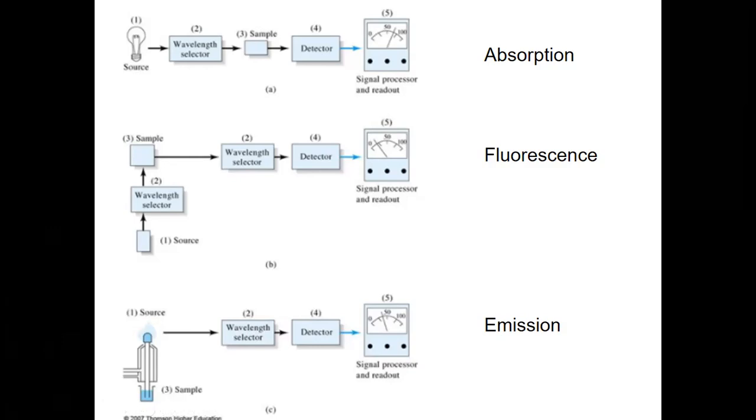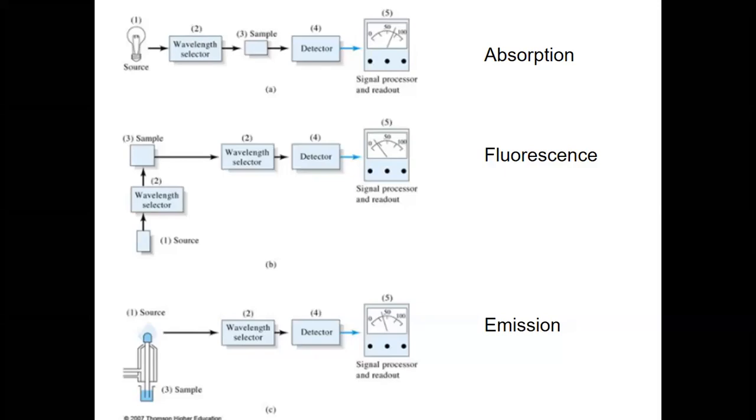So in three different situations, absorption, fluorescence, and emission, look at how these five different components are arranged. It is not the same. So you should be able to draw this block diagram.